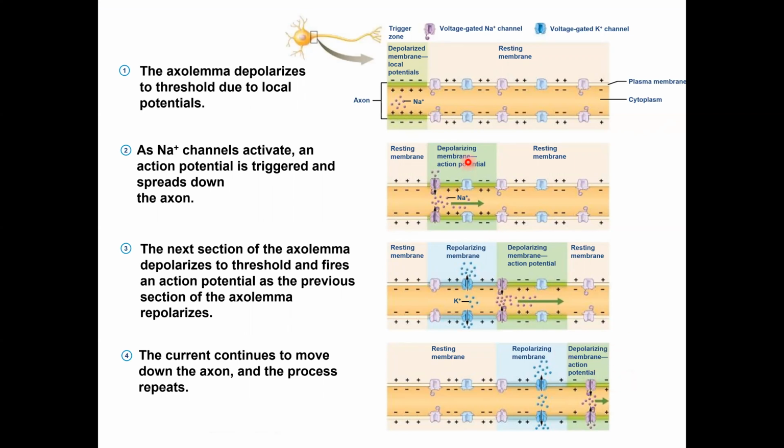Here we have resting membrane, depolarization, and then before it, repolarization. It's depolarized first, and then it's repolarized back, because we do need to go back to the resting membrane potential.